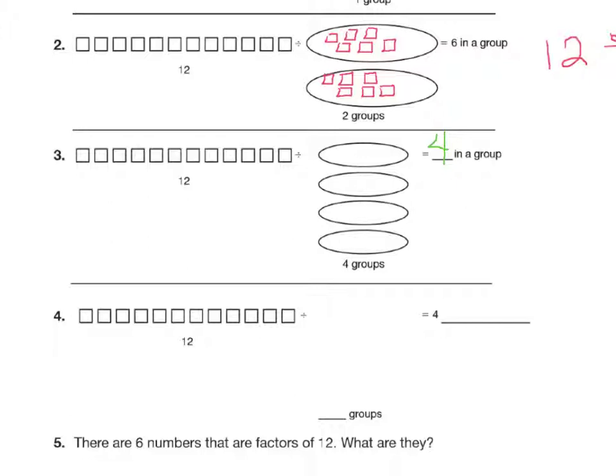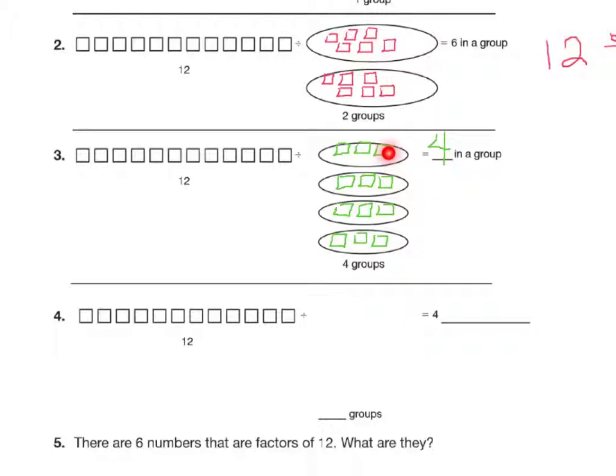So if I take this and I put 1, 2, 3, 1, 2, 3, and then 1, 2, 3, and then 1, 2, 3. If I count these, 1, 2, 3, 4, 5, 6, 7, 8, 9, 10, 11, 12.